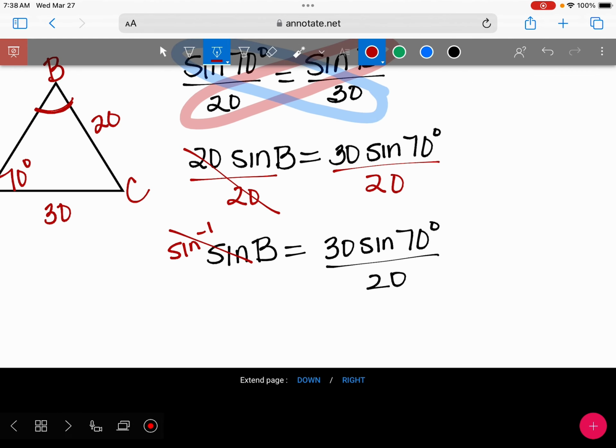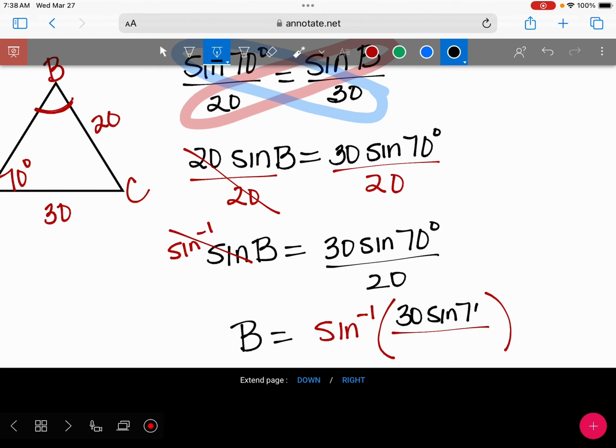And then on the other side, I'll have angle B equals the inverse sine, and then I'll have my fraction, which is 30 sine 70 over 20.